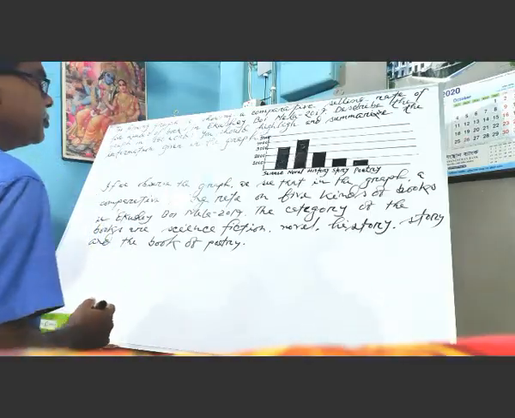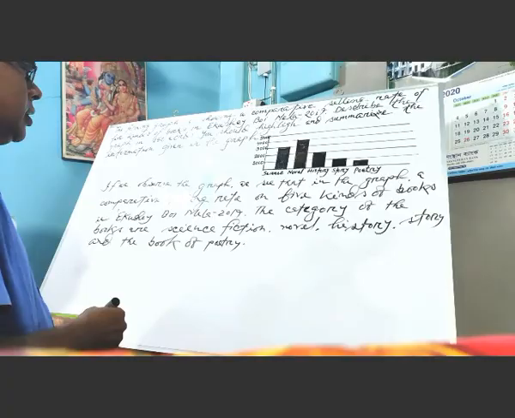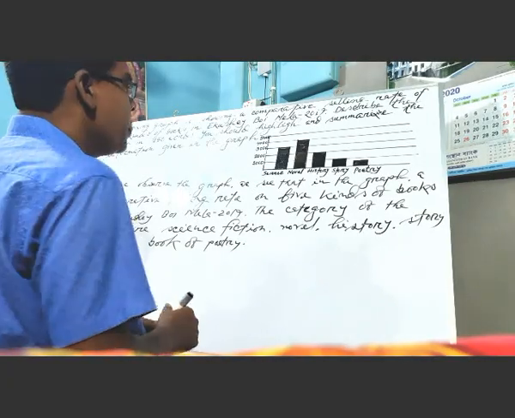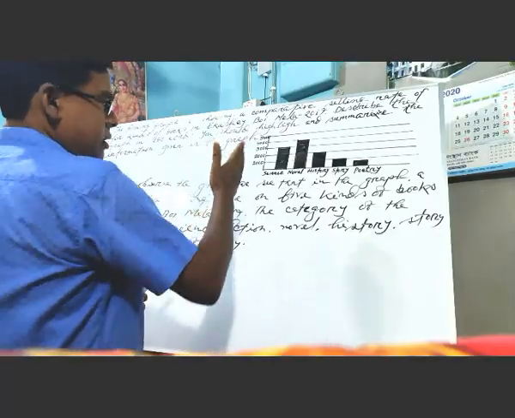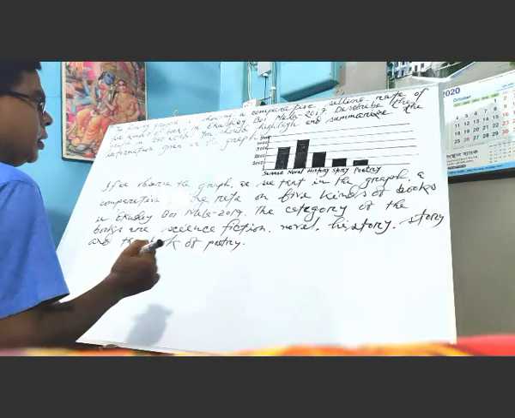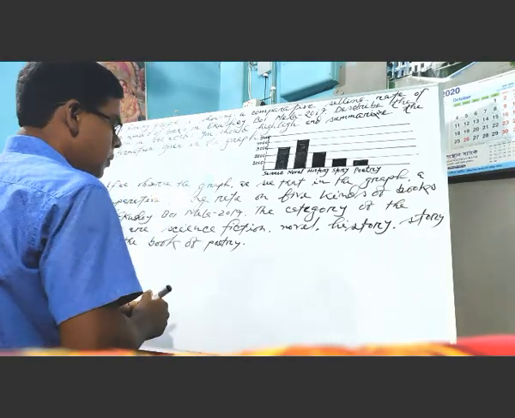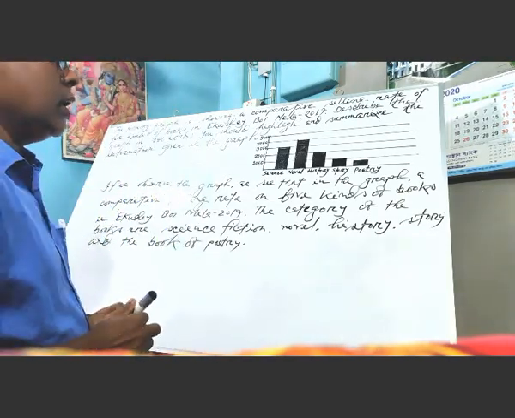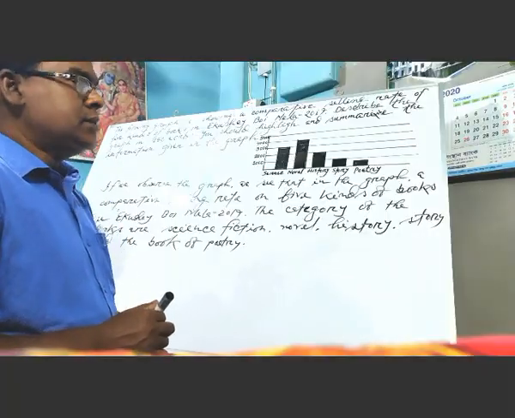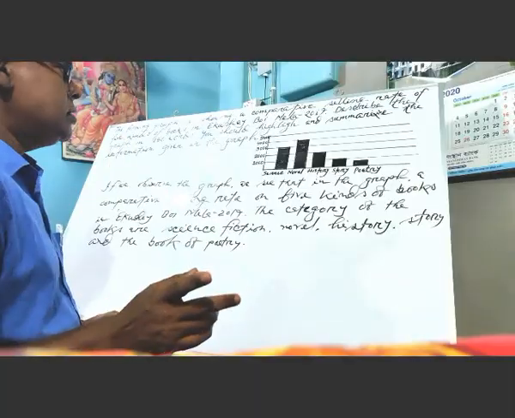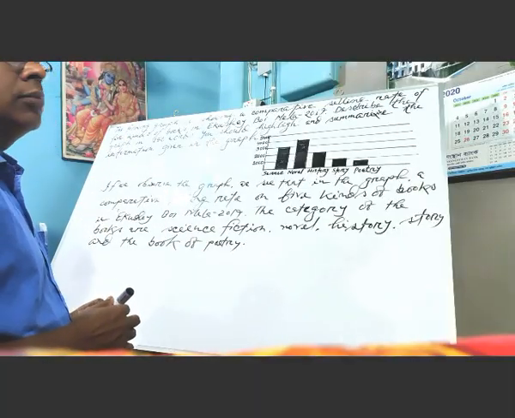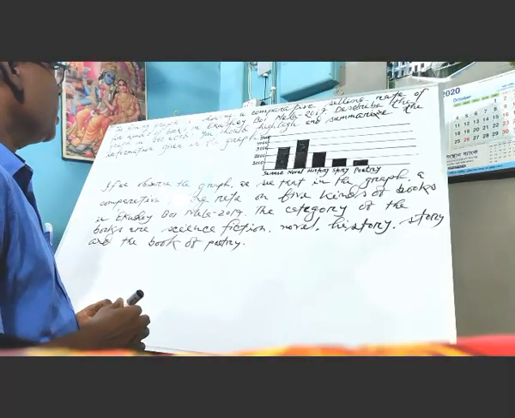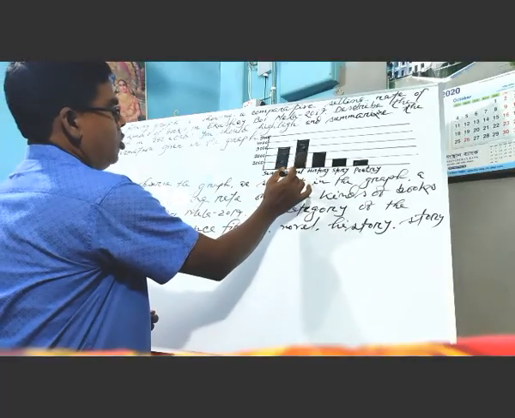Okay, students, this is the beginning line. Okay, in this way we'll start, or we can start. Then directly we'll enter into the graph. In the graph we are watching that the highest rated books that are bought on একুশে বইমেলা are novel.